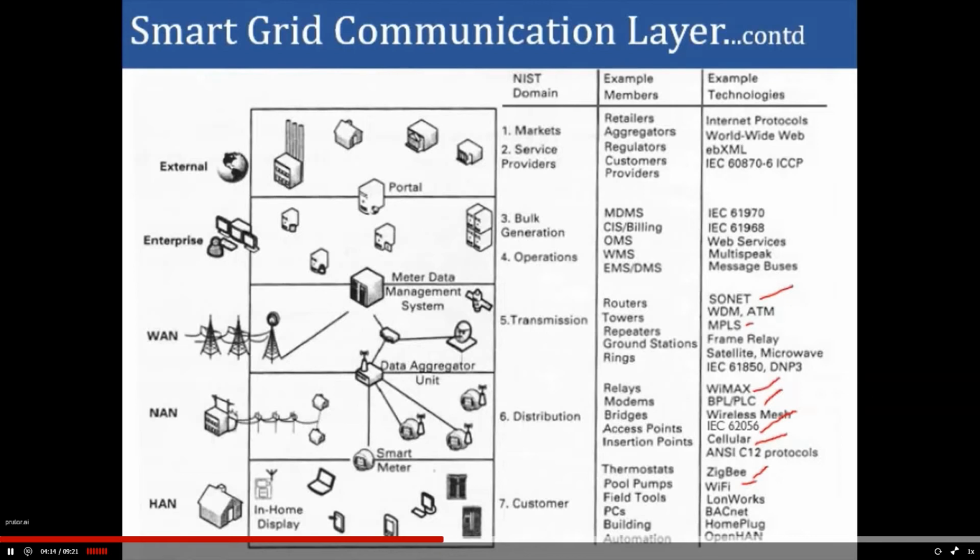At the enterprise level, we have various standards for data communication, say IEC 61970 and 61968, which are commonly known as the Common Information Model. We also use web services, MultiSpeak, or maybe a message bus for the communication between various OT applications and IT applications at the enterprise level.